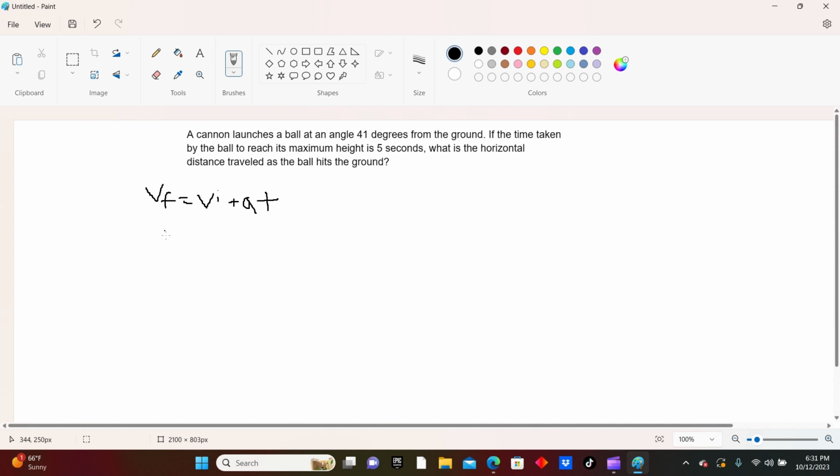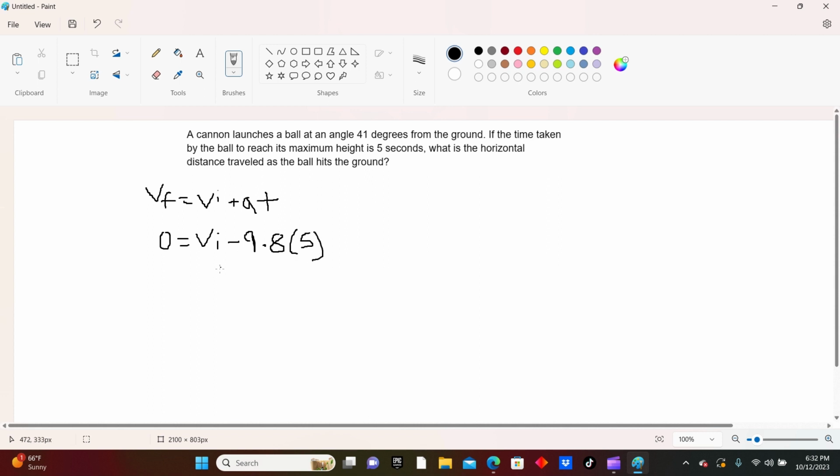So if we look at this equation, our final velocity is 0, and it equals our VI, which is what we're solving for, and then minus 9.8 times the time, which is 5 seconds.